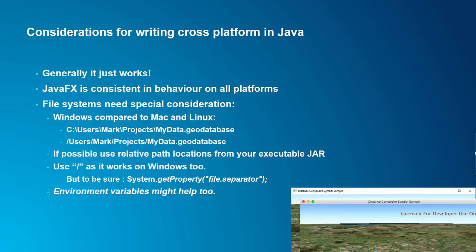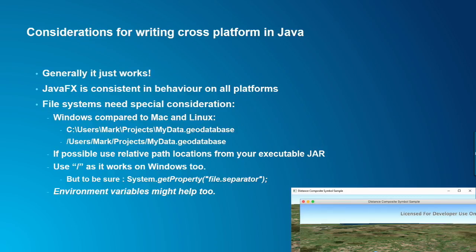So how would you deal with this in a runtime environment? Well, to make it easy for yourself, I would actually make sure that the data you're trying to access is in a path which is relative to the location of your executable jar. So you would reference it using a /. You're picking it up from the relative location that your application is running from. And the forward slash and backslash are varied between Windows and Linux.